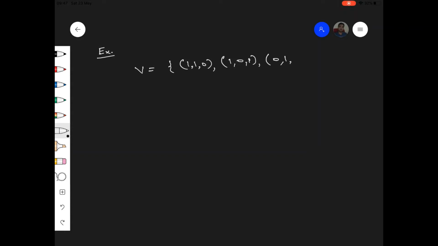Here these vectors are x1, x2 and xn. Specifically we have three vectors, so x1, x2, x3. 1, 1, 0 is x1, 1, 0, 1 is x2, 0, 1, 1 is x3.